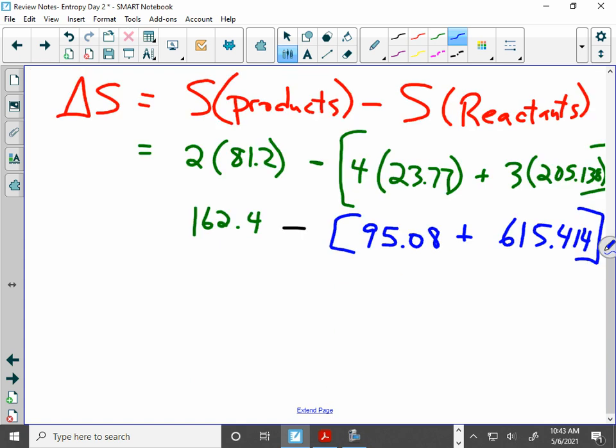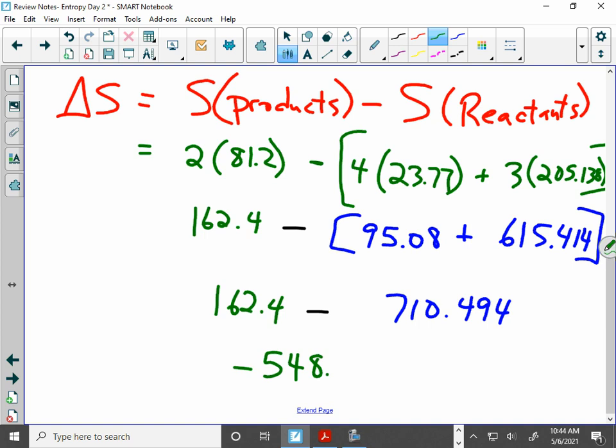When I added those two together, I got 710.494. That should be subtracted from the 162.4. 162.4 minus 710.494 gave me a value of negative 548.094.